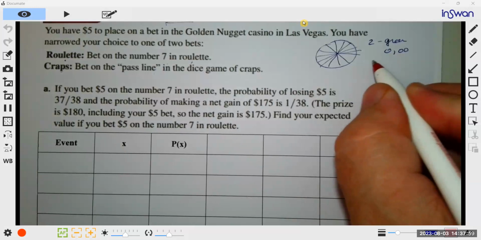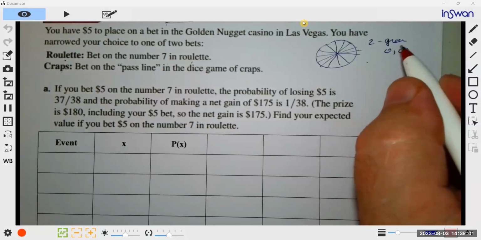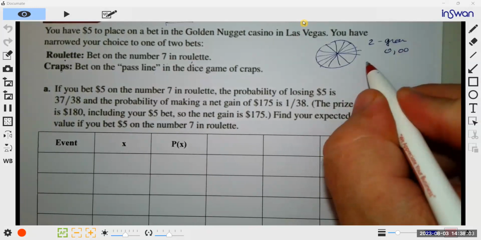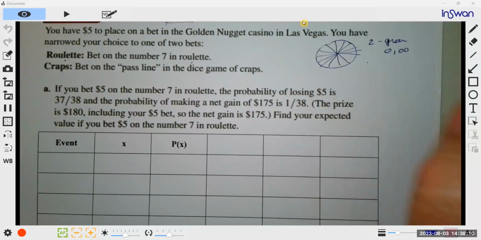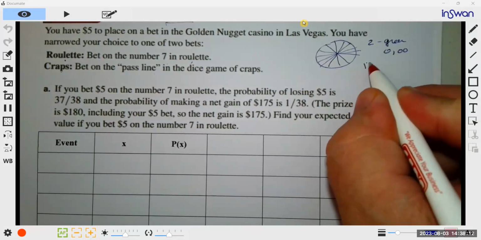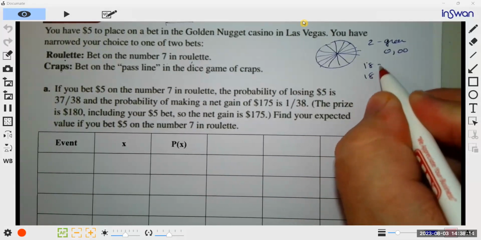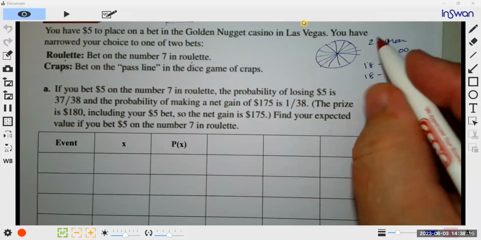So it's 36 plus 2, 38. I believe it's 18 of each. That makes 38.